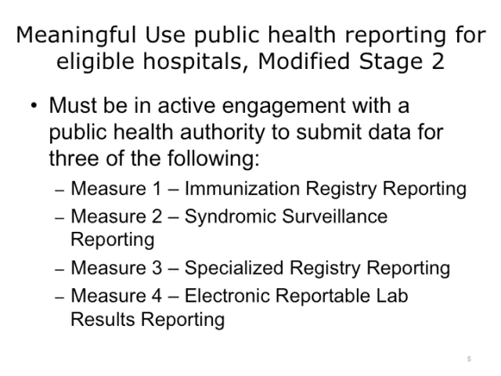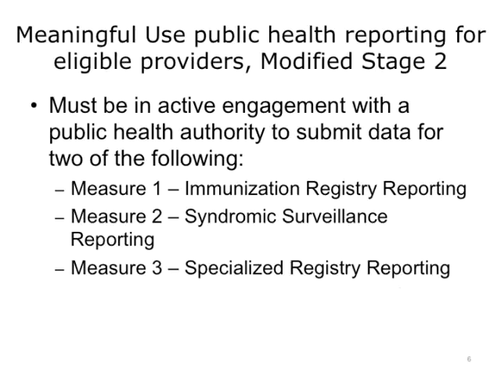They could meet the specialized registry reporting one more than once with different kinds of registries. Notice that Modified Stage 2 asks for specialized registry reporting and does not distinguish between public health affiliated registries and ones not affiliated with a public health authority.